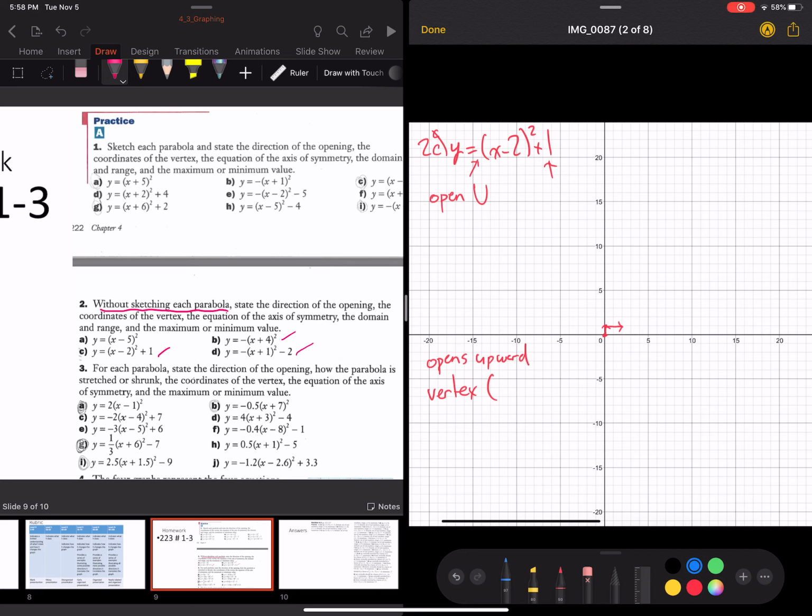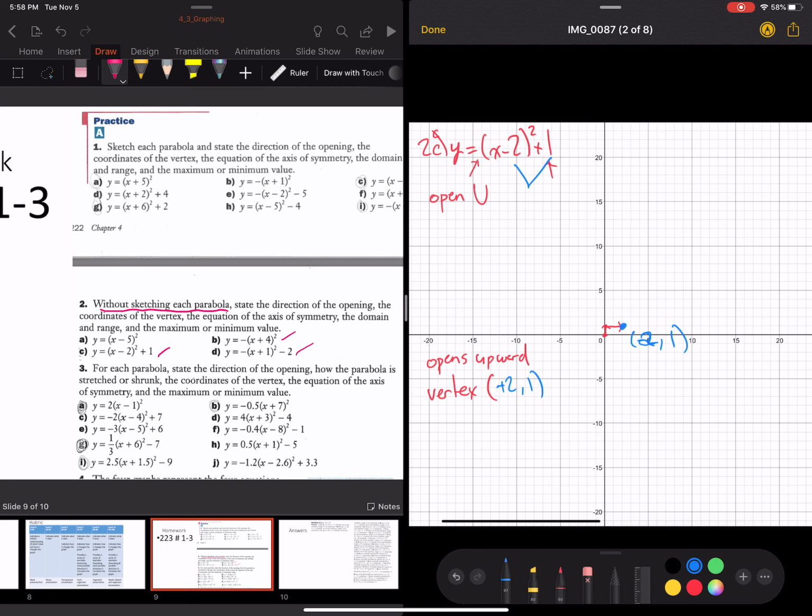So we end up drawing, our vertex is right there. And our vertex is going to be, sorry, plus 2, 1.